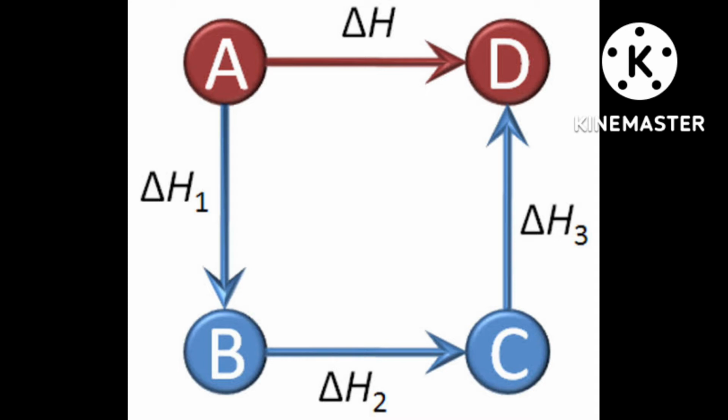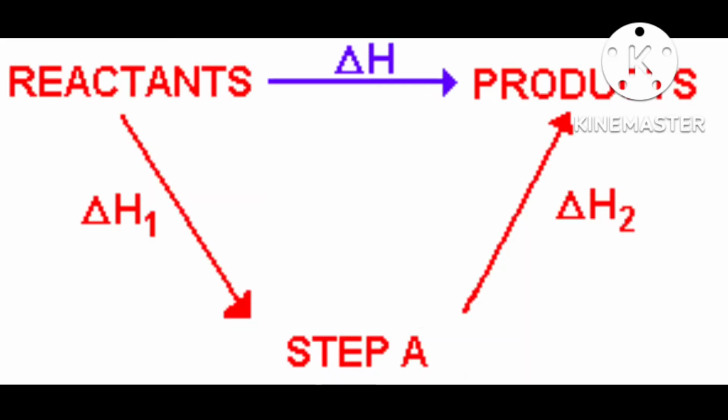However, if we can find some other reactions involving related species, it is possible to calculate the enthalpy change for the above reaction, C plus half O2 gives CO.